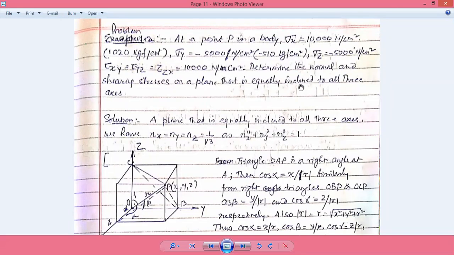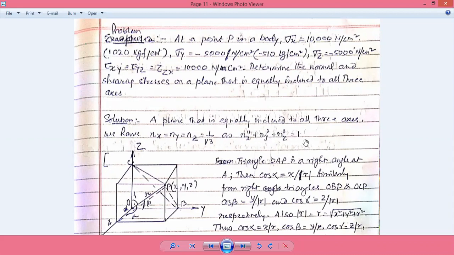So determine the normal and shearing stresses on a plane that is equally inclined to all three axes, which means nx equals ny equals nz equals 1 by root 3, as nx square plus ny square plus nz square is equal to 1 itself.